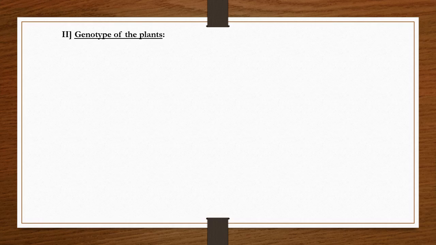Now the genotype of the plants, that means the genetic composition of all those 16 individuals or offsprings formed during the F2 generation in dihybrid cross. So let's see, homozygous yellow, homozygous round, that is capital Y, capital Y, capital R, capital R. This genetic composition in the offsprings is only one.